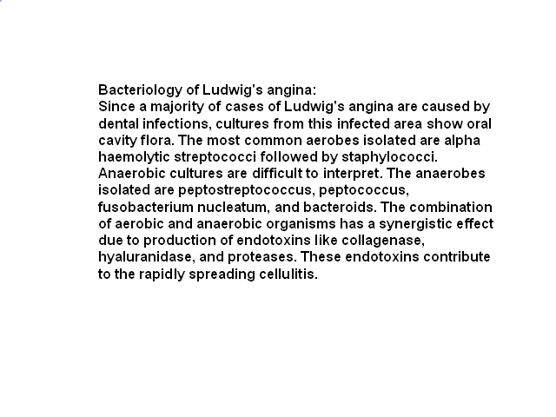The anaerobes isolated are Peptostreptococcus, Peptococcus, fusiform bacteria, nucleatum, and bacteroids. The combination of aerobic and anaerobic organisms has a synergistic effect due to production of endotoxins like collagenase, hyaluronidase, and proteases. These endotoxins contribute to the rapidly spreading cellulitis.